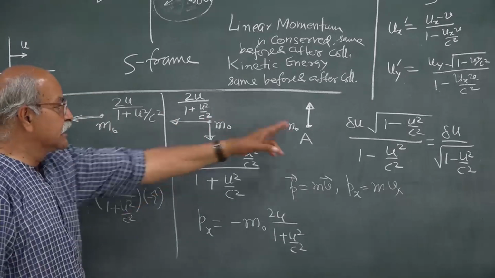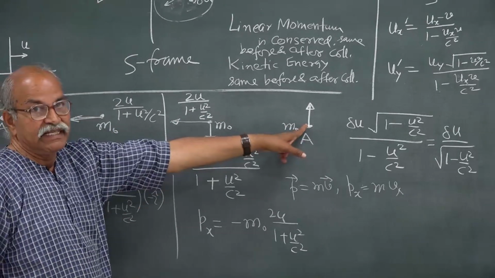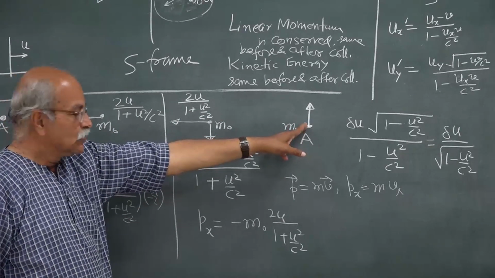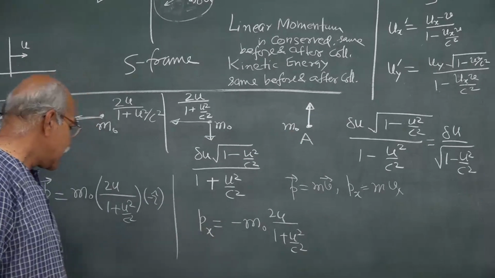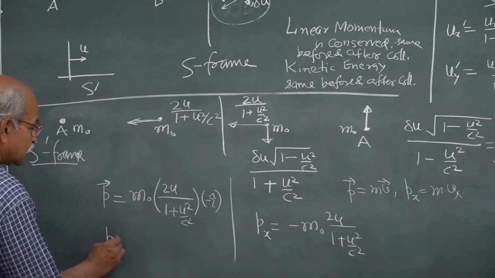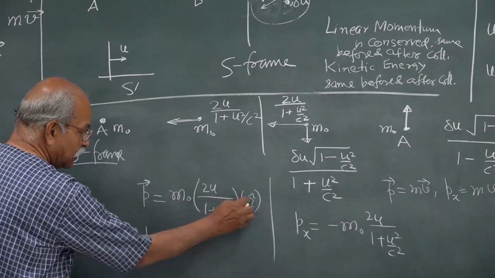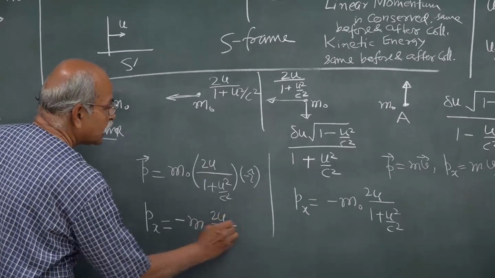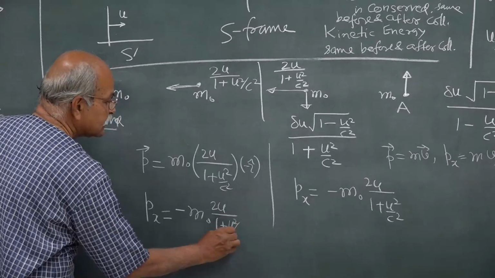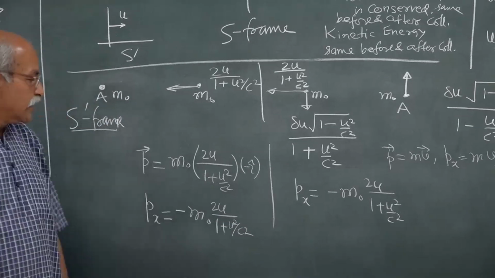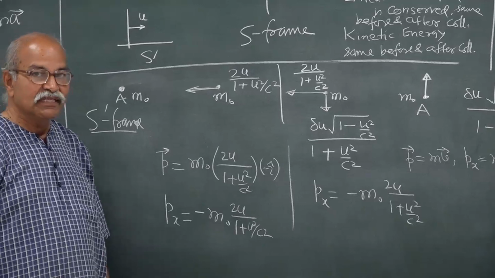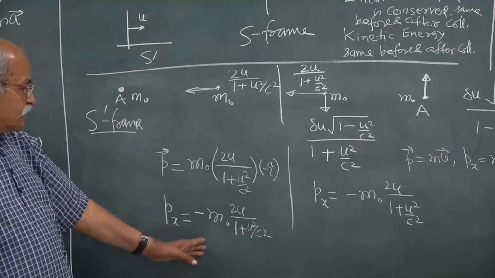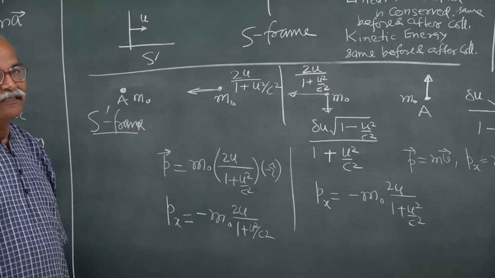Here this is 0, it does not have any x component in the velocity. So this is the total px, and what was total px before? The total px before was minus m naught 2u by 1 plus u square by c square. So yes, the x component of the linear momentum is conserved. Before the collision it is this, after the collision it is this.